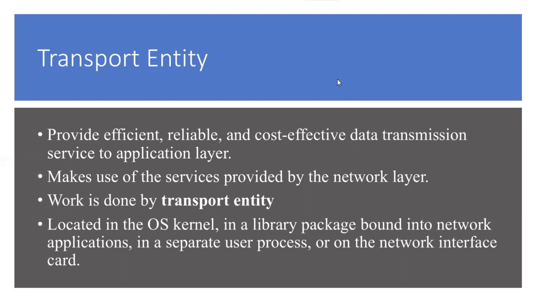This transport entity can be located in the OS kernel. In some cases, you can use library functions which can be built into your network applications, or sometimes it may work as a separate user process. In some cases, this transport entity can also reside in the network interface card.